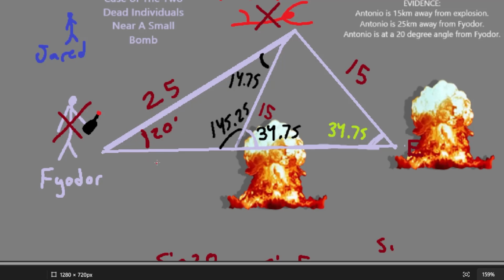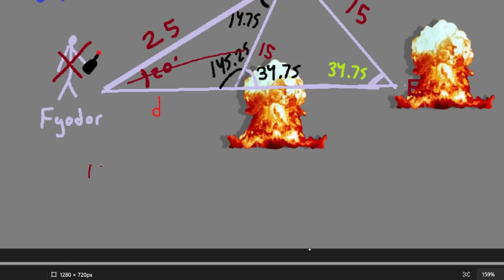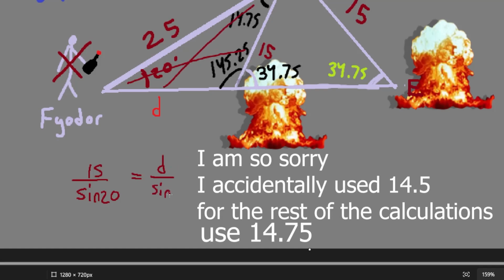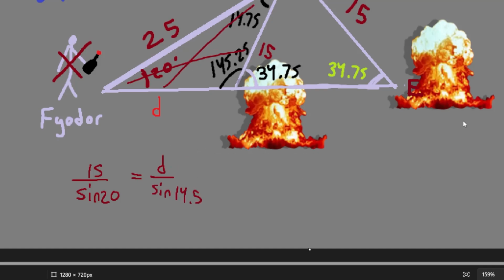Let's label this variable D for death. So we can just do 15 over sine 20 is equal to D over sine of 14.75. Now we can just solve for D, and you're going to get that D is 10.98.